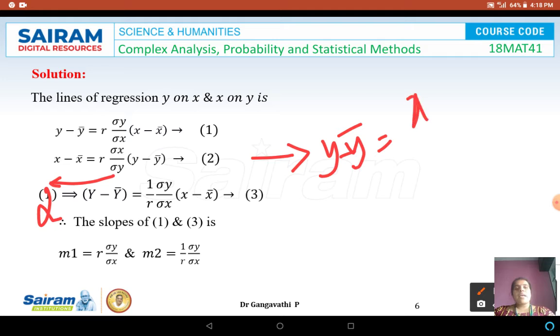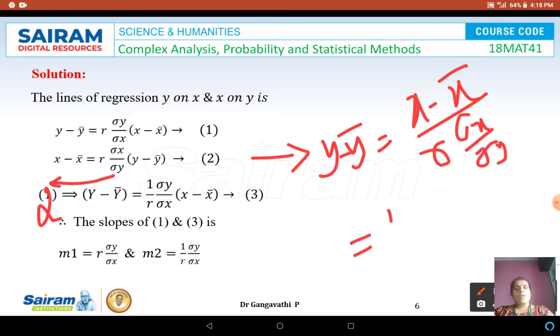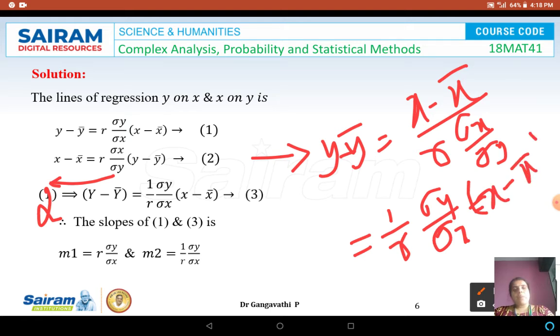So we get x minus x bar divided by r sigma x by sigma y. In other words, it is 1 by r into sigma y by sigma x, and when we take it to the numerator, it becomes x minus x bar. So from equation 2 we have this expansion, and we will write it as equation 3.